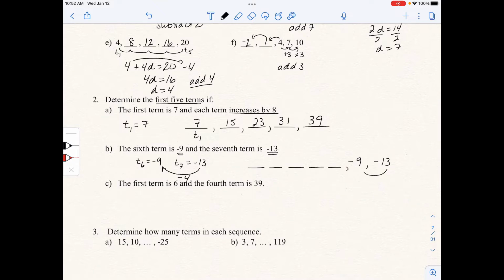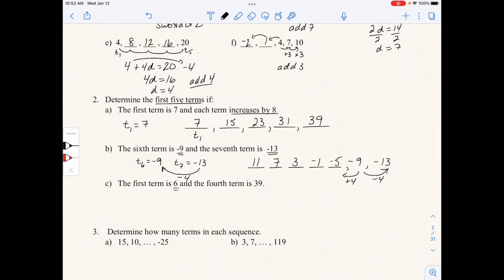That's a subtract 4, going in the right direction. So if we're going in the other direction, we're going to add 4. That's a negative 5 and a negative 1 and a 3 and a 7 and 11.